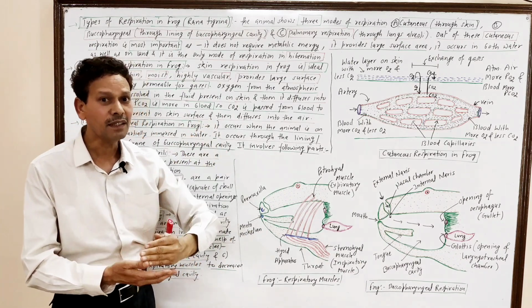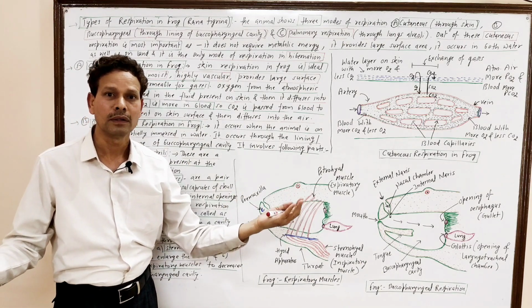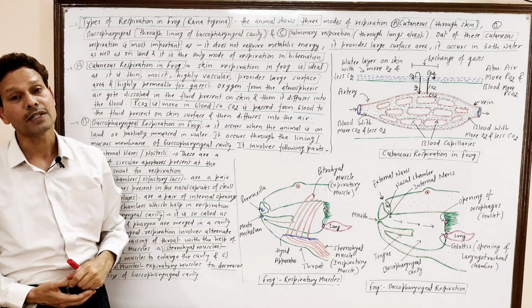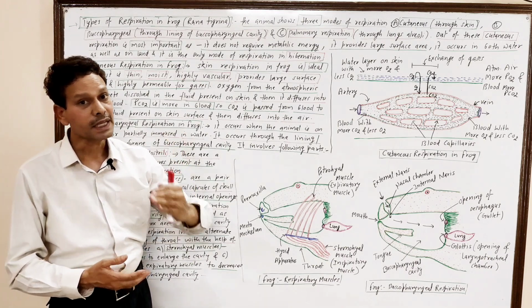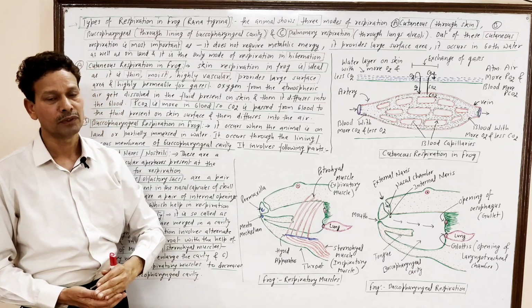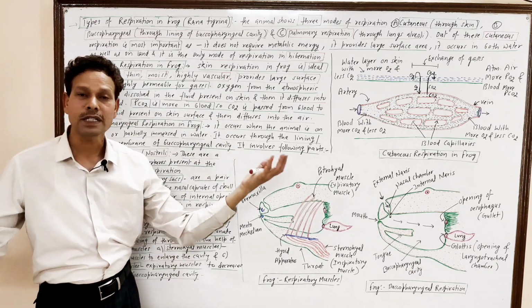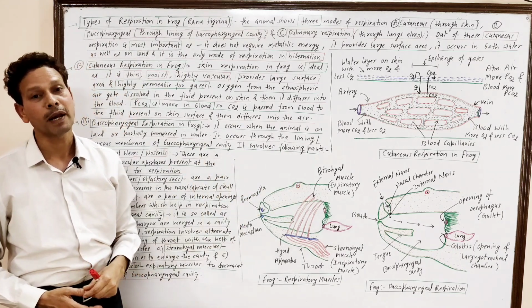Cutaneous respiration doesn't involve expenditure of energy. The skin is thin, the skin is moist, and the skin of frog is highly vascular. It possesses an enriched blood supply.